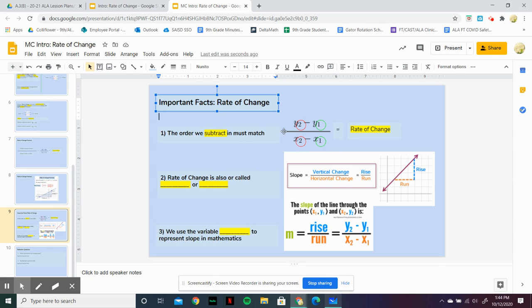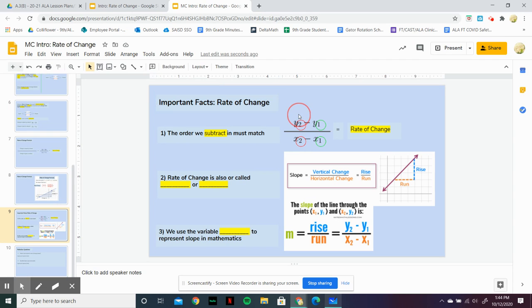If we tried to do y2 minus y1 and then x1 minus x2, we would not get the correct rate of change. And likewise, if we did y1 minus y2 and then we did x2 minus x1, we would not get the right rate of change. So make sure you're always subtracting in the same order of your y values and your x values.